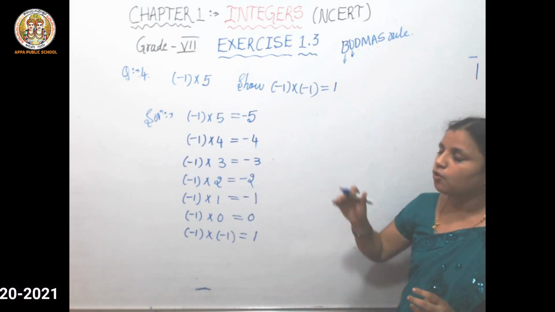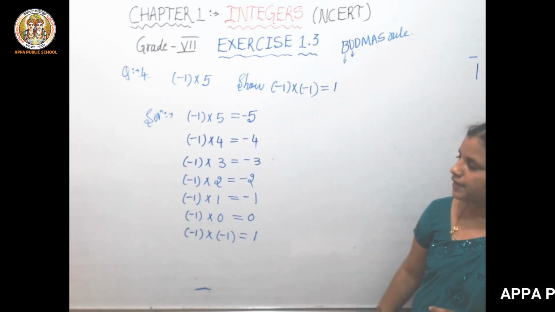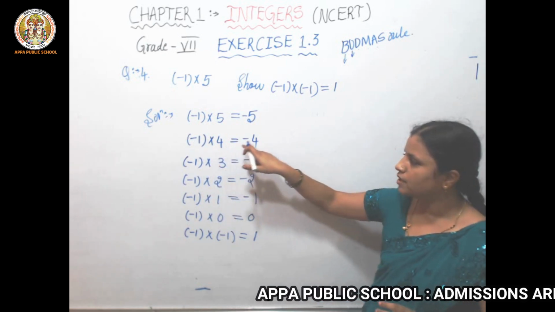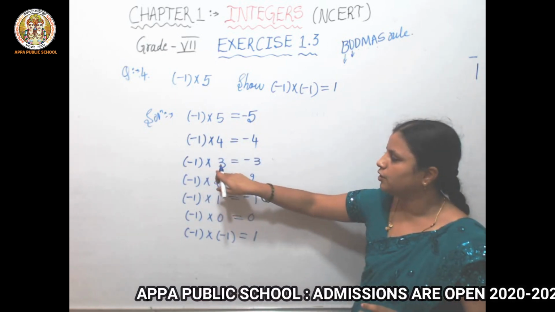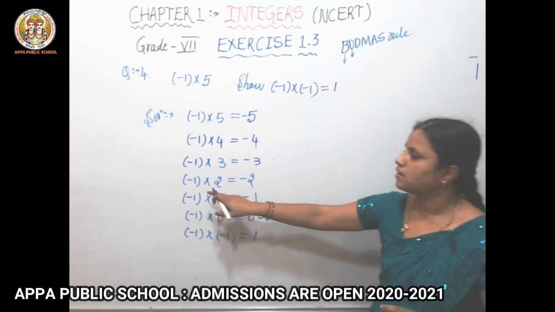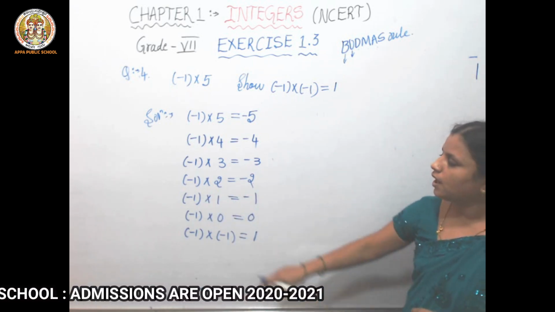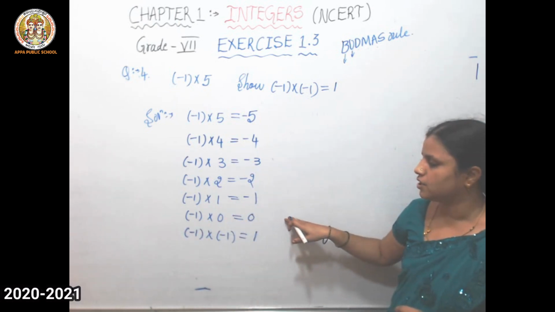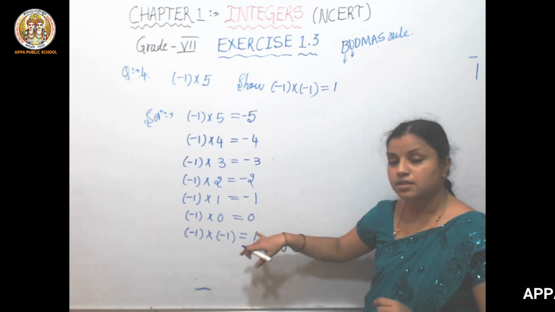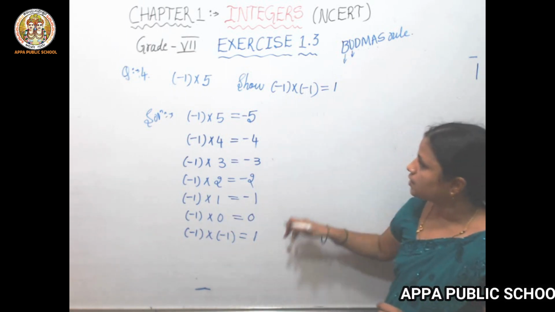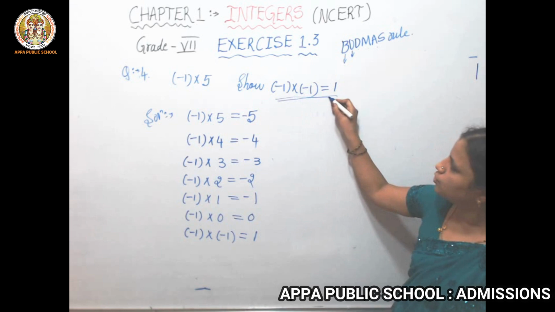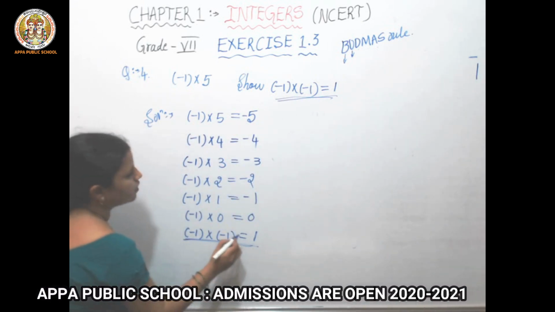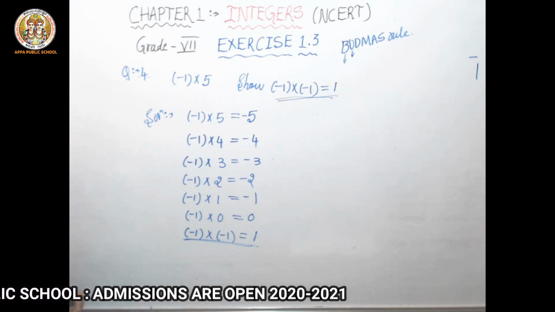So we are following one particular pattern to show that minus 1 into 5 as minus 5, minus 1 into 4 as minus 4, minus 1 into 3 as minus 3, minus 1 into 2 as minus 2 and minus 1 into 1 as minus 1, minus 1 into 0 as 0, minus into minus as plus, 1 into 1 as a plus. This is what was asked to show. So here finally we got minus 1 into minus 1 is equal to 1.